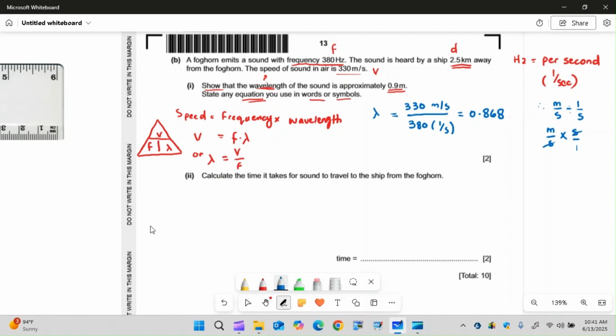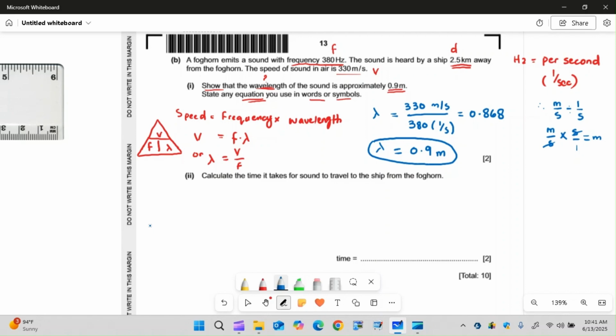So s cancelled, so only unit left is meter. So I can say wavelength in two significant figures, or simply it was 0.868, so I can say 0.87, that is approximated to 0.9 meter. That was our concerned result.